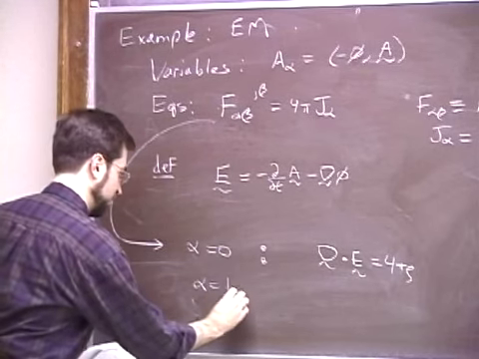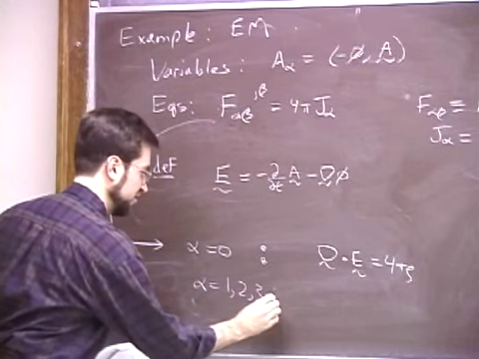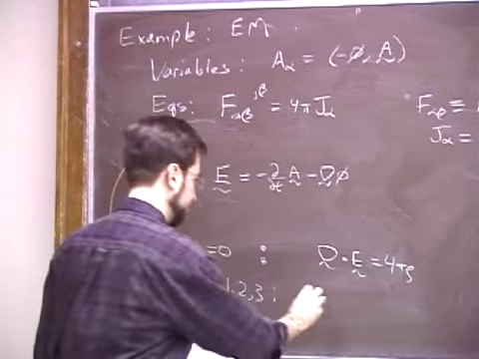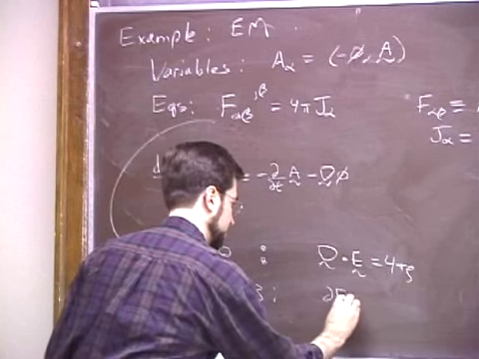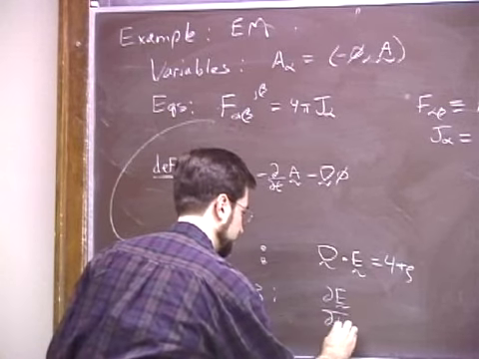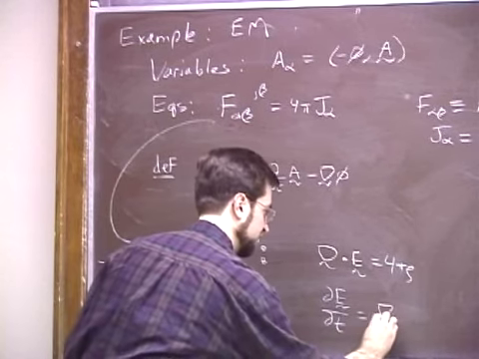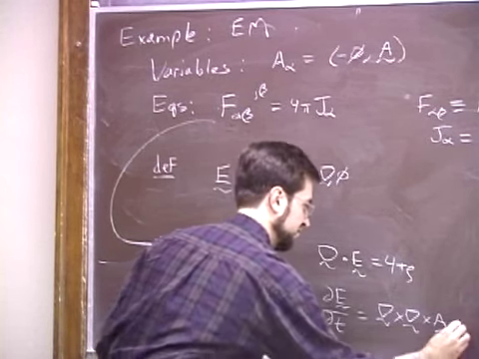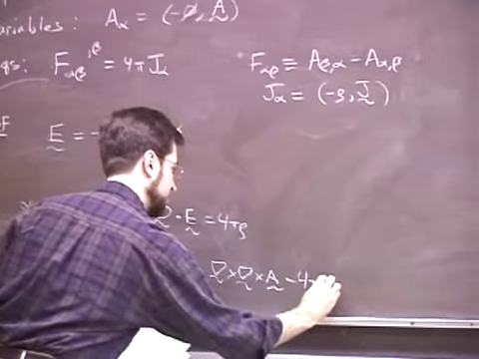And if alpha is 1, 2, or 3, what I get is a component of dE/dt is curl A minus 4 pi j.